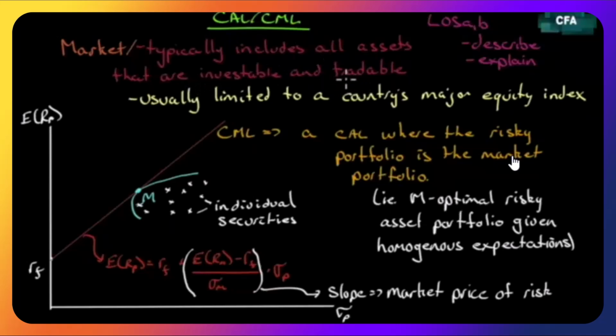That's a huge amount. So we tend to limit it to a country's major equity index. In the U.S., that would be the S&P 500, which represents about 80% of market capitalization in the U.S., by the way. So we would say that's a good proxy for a market portfolio. That becomes the optimal market portfolio.